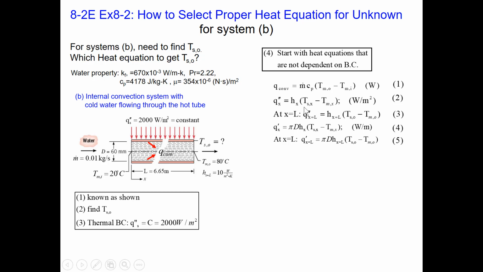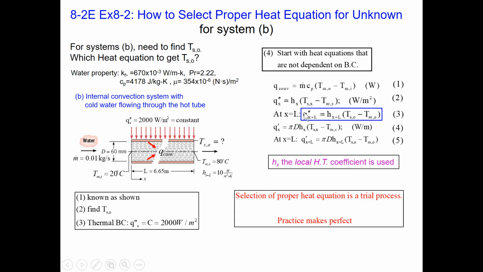Since we know the heat flux at a specific location, the outlet, because heat flux is constant, it includes the outlet location. We know the heat transfer coefficient at the outlet. We know the flow temperature at the outlet. So this is the equation selected. From this selected equation, the local heat transfer coefficient is used.